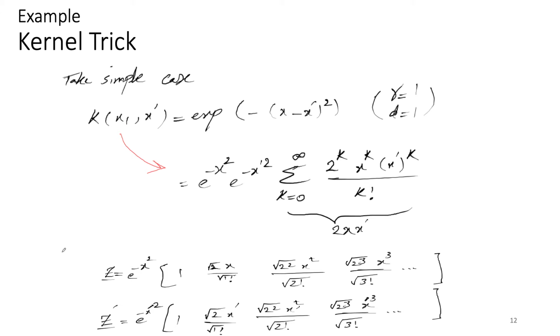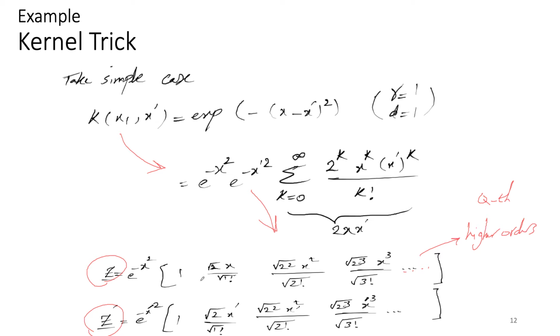So instead of computing the z directly and z prime, I can expand this easily to whatever order I'm interested in. That's why I put these three dots, because this goes to the higher order, qth order, right? It goes on and on and on. So you start from 1. This is the expansion series.